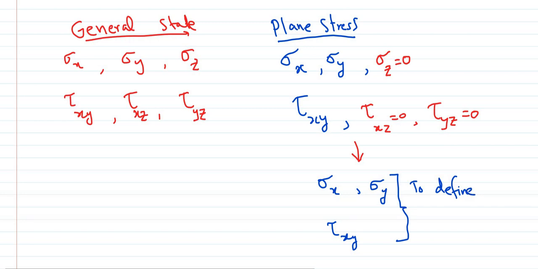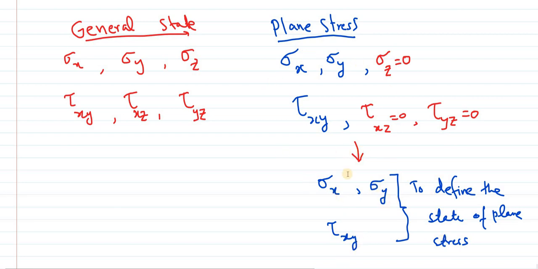So these are required to define the state of plane stress at a point. If at a point we have a state of plane stress, then the state of stress can be completely defined by these three stress components: sigma x, sigma y, and tau xy.